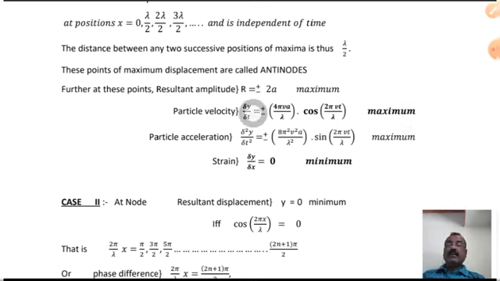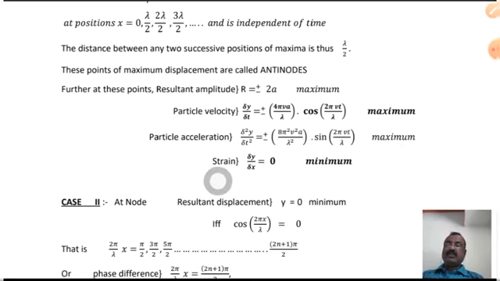I mean, particle velocity is also maximum. For the particle acceleration, if I substitute and simplify, del square y by delta t squared is plus or minus 8 pi squared v squared a by lambda squared sin 2 pi Vt by lambda, which is also maximum.